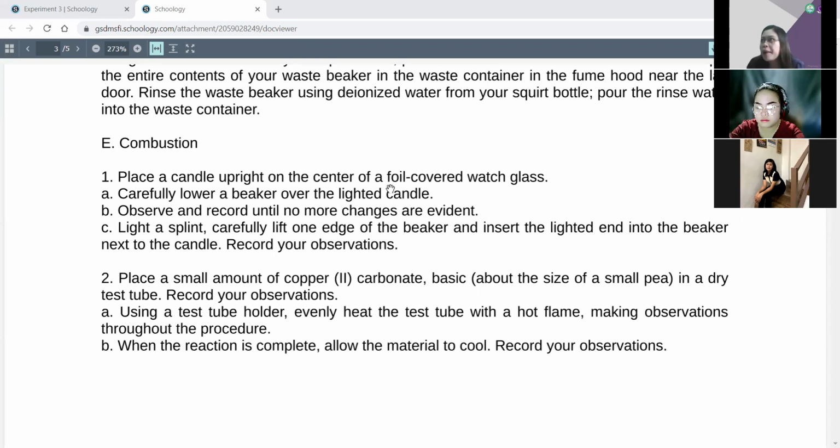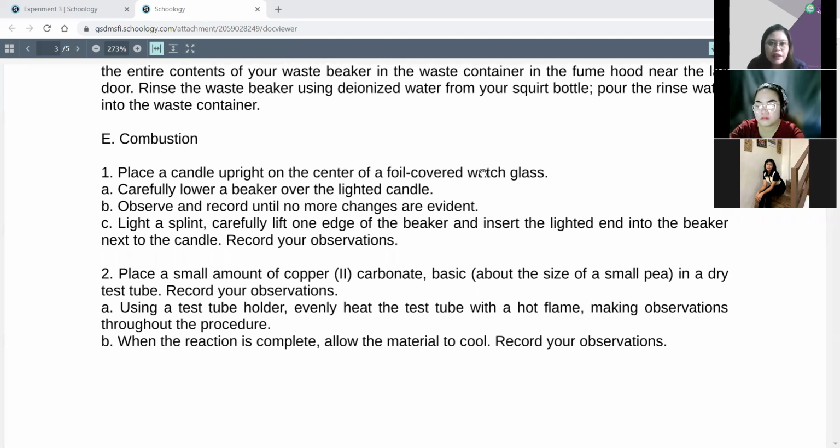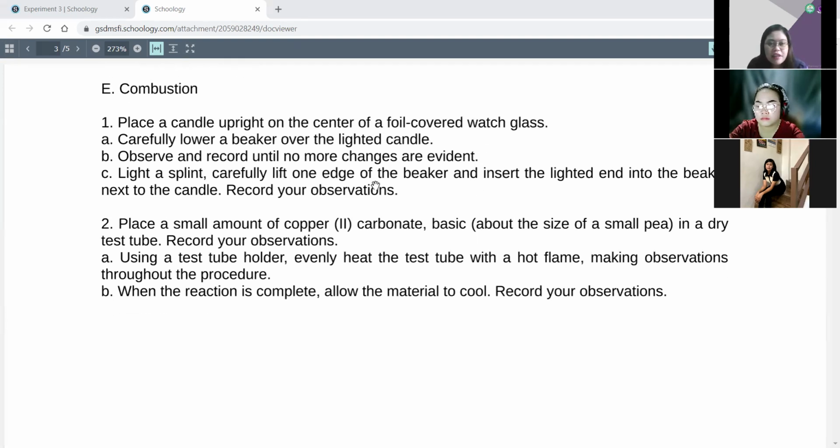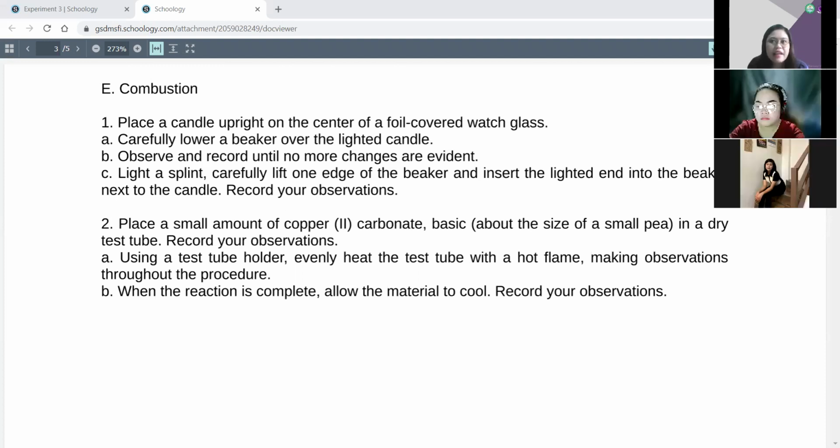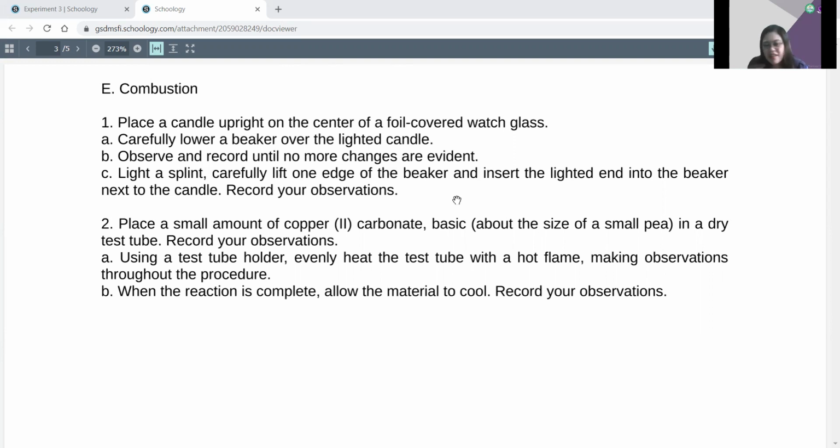And then after that, we will be observing what happened after lighting the candle. And then light a splint, carefully lift one edge of the beaker and insert the lighted end in the beaker next to the candle. And actually we will observe, but we cannot observe nowadays because we cannot really do it in the lab.